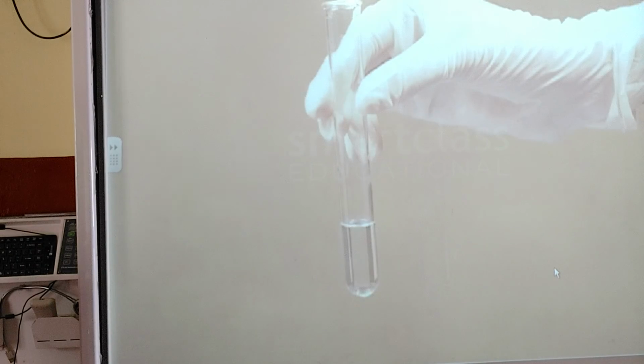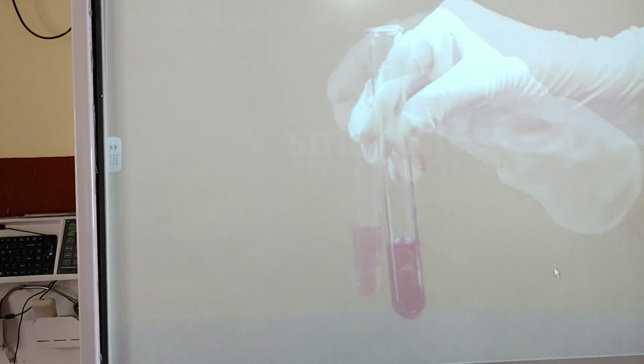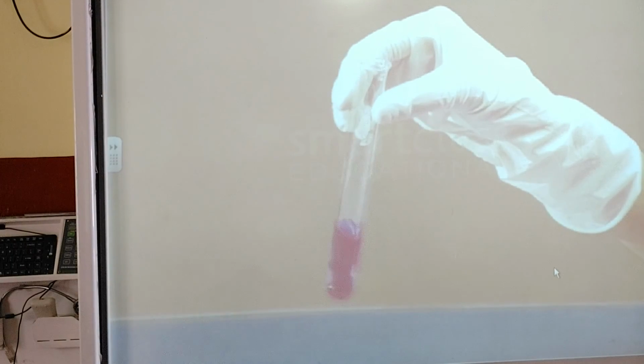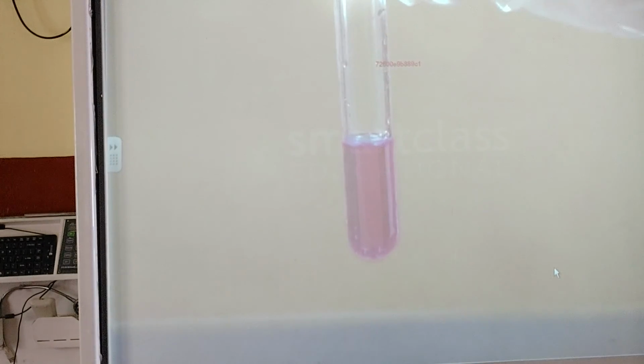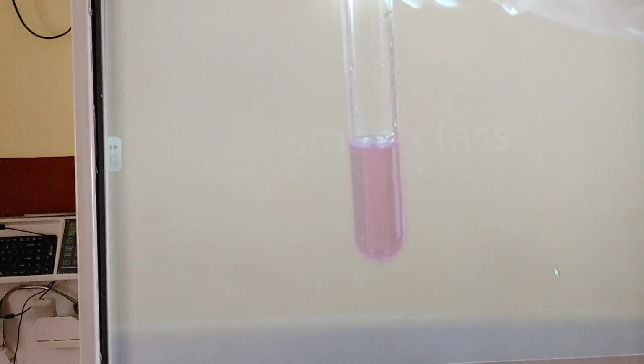Now add some more sodium hydroxide drop by drop to the solution till it turns pink. The change of color from colorless to pink shows that the solution has become basic. At this stage, add 1 drop of hydrochloric acid to this solution.